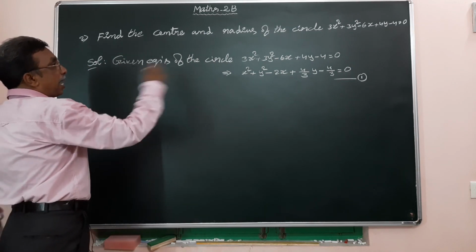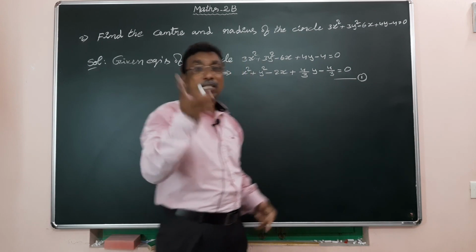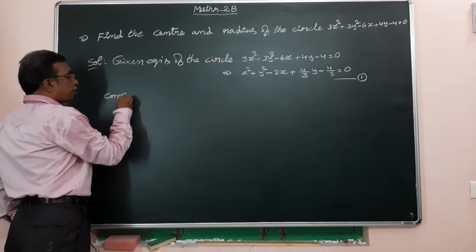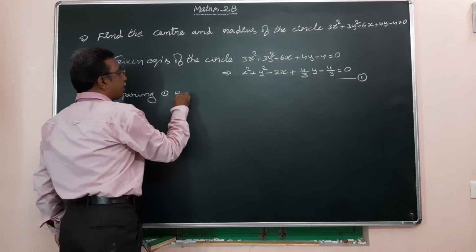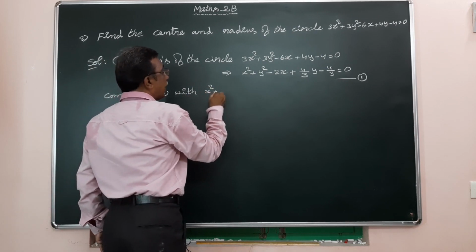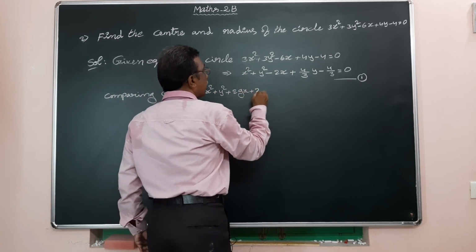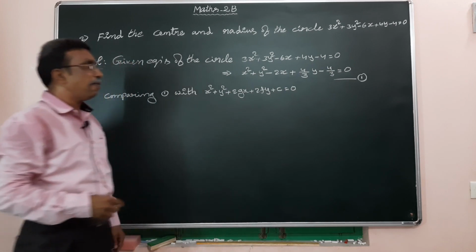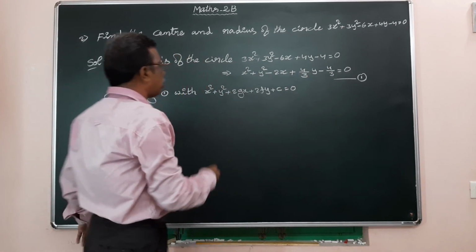Next, comparing equation 1 with the general equation of the circle, x square plus y square plus 2gx plus 2fy plus c equal to 0.